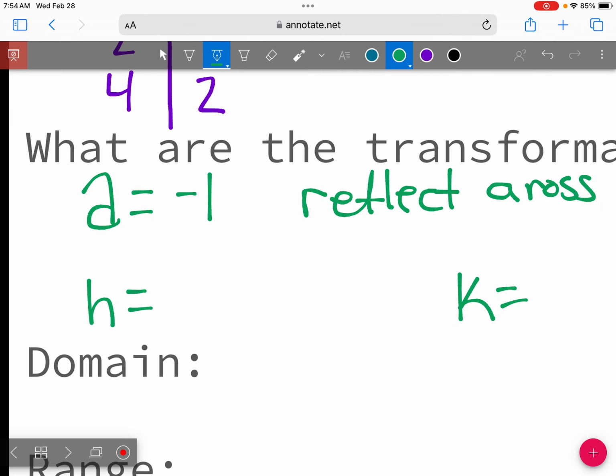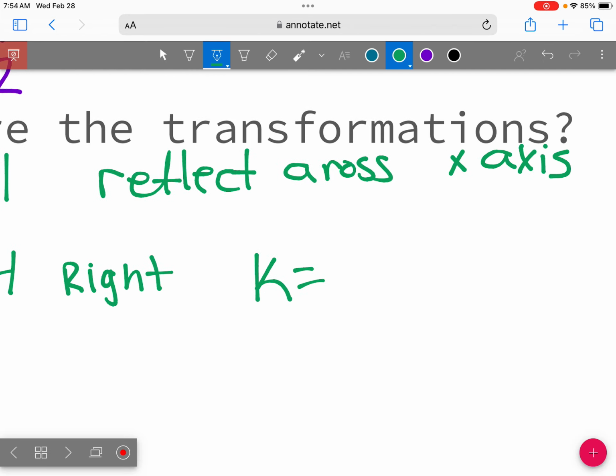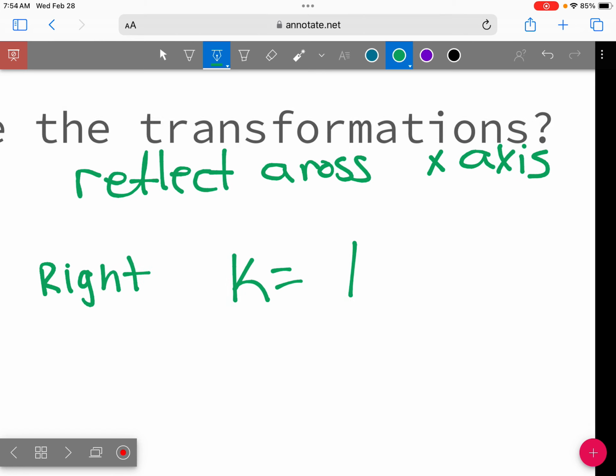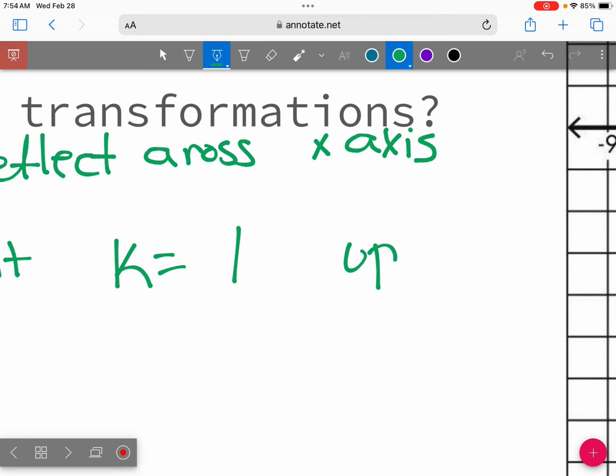How about our h? +4, which goes which way? Right. How about our k? +1, so it's going to go up.